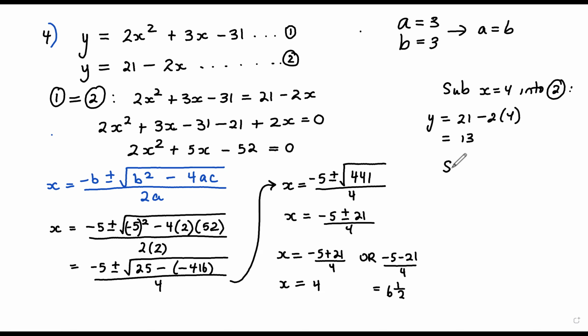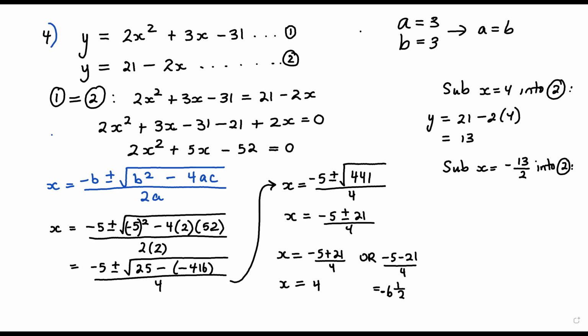And then I'm going to substitute x is equal to, sorry, there should be minus 6.5. So minus 6 2s are 12 plus 1 is 13 over 2. I'm using an improper fraction, sorry, into equation 2.